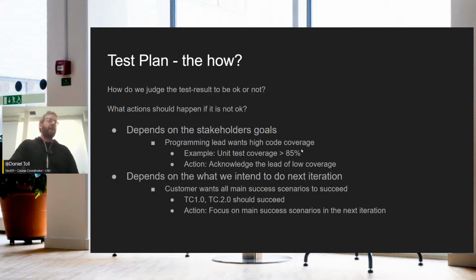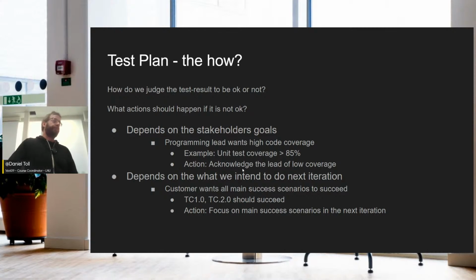But we also need to understand what happens if we don't reach these goals. So maybe if I find out that we have very low coverage, if it's my job to find out, maybe just acknowledge the lead developer of this, that we have low coverage in this part, and then the lead developer does something. Maybe it's up to me. Maybe I'm not even allowed to merge my code unless I have a specific coverage.